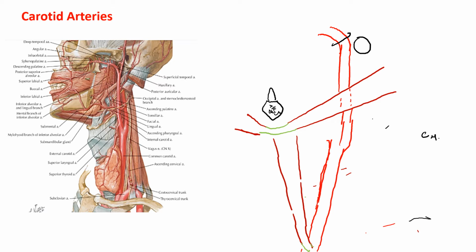The external carotid artery, on the other hand, after it arises, gives its first branch, the superior thyroid artery, which the moment it arises, it turns, as you can see, and descends in the neck. So that's how we identify it. The artery which is descending in the neck, that is the superior thyroid artery.